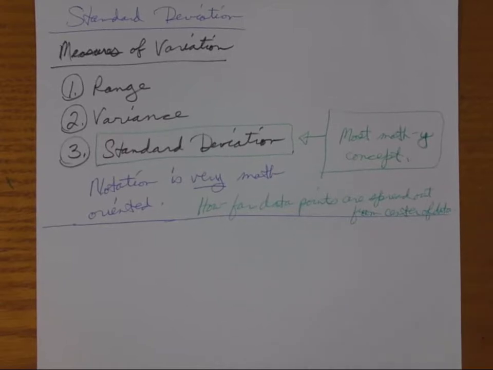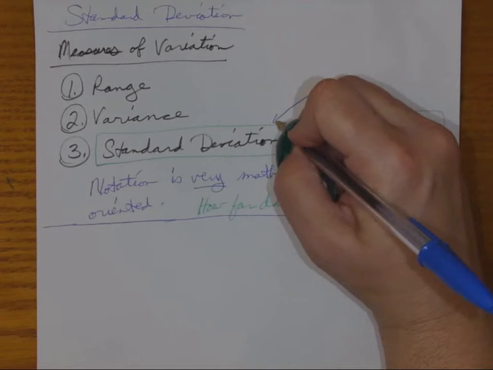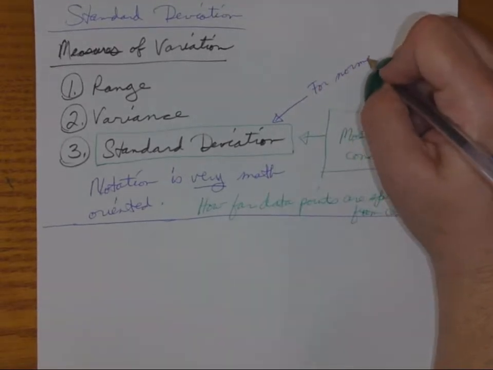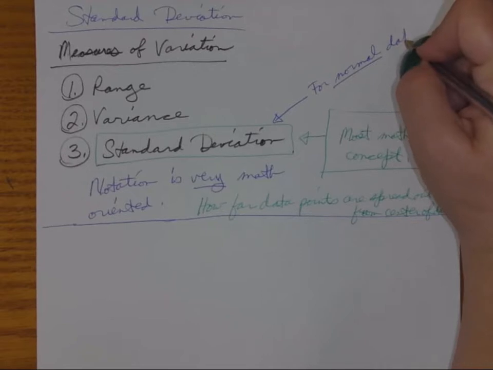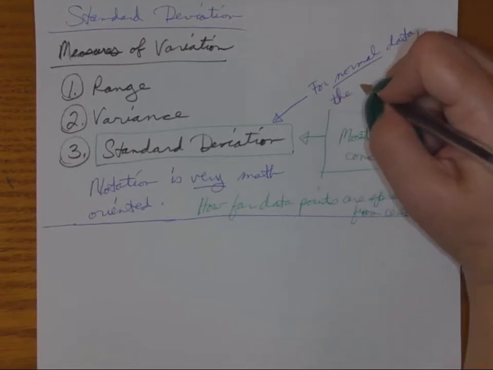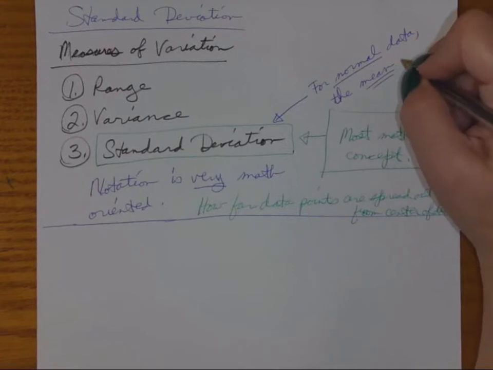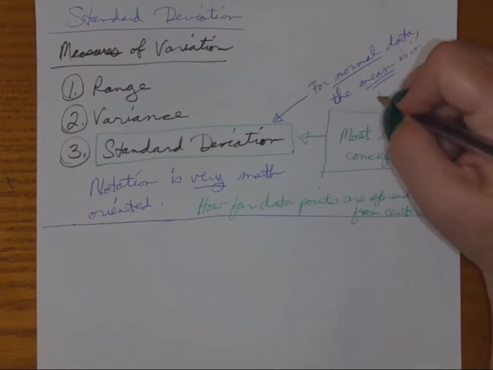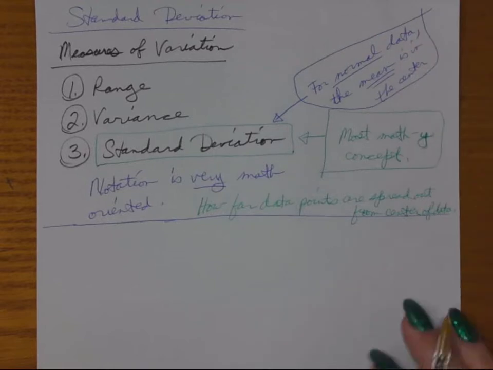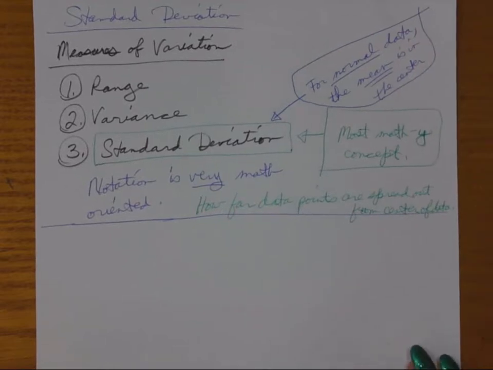And remember, if we're talking about normal data, the mean is in the center. That's a whole concept we've already talked about. But normally the mode's in the middle, the median's in the middle, and the mean's in the middle.